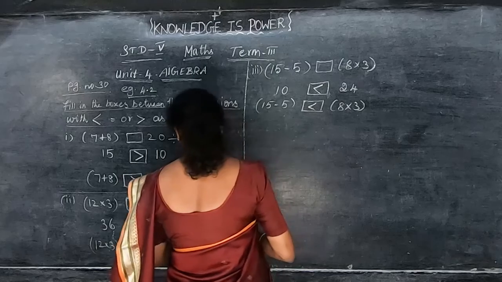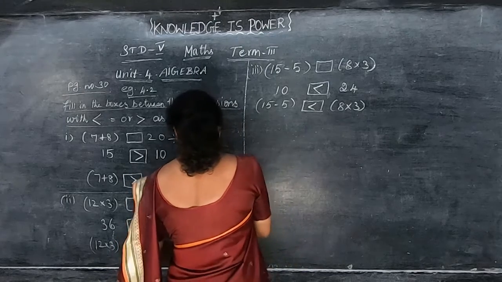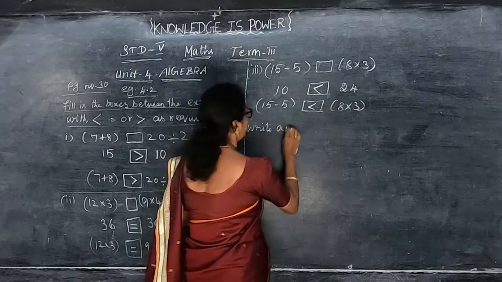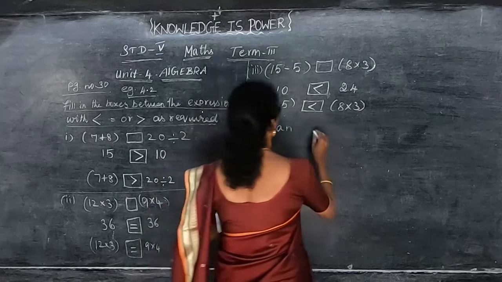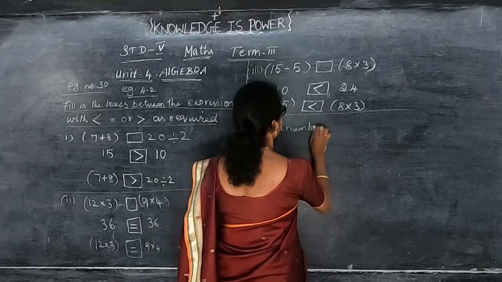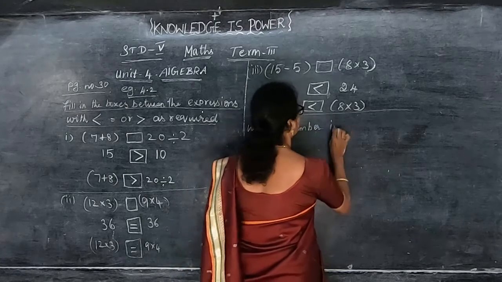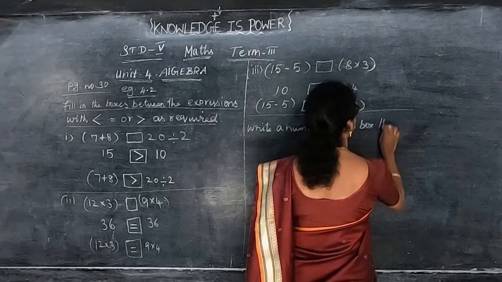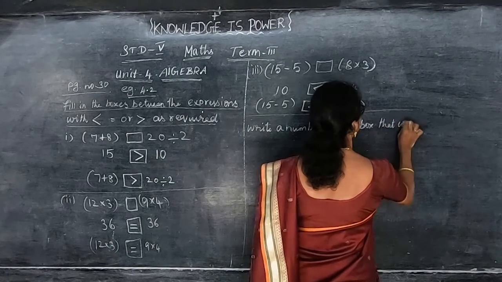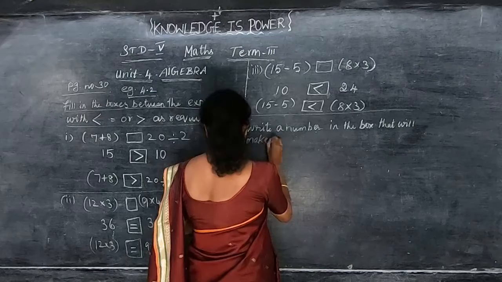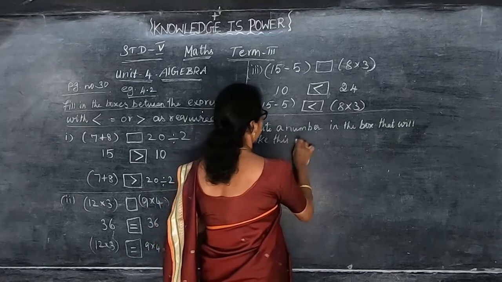Now the next sum is write a number in the box. Write here, same page number 31. Write a number in the box that will make this statement correct.